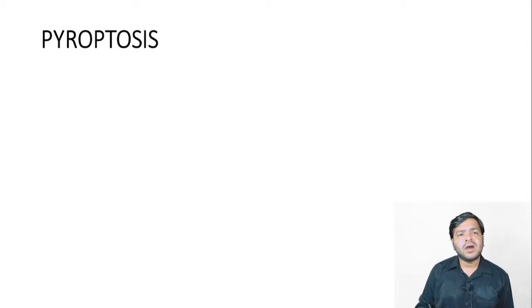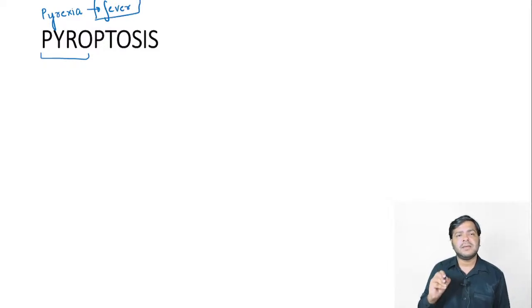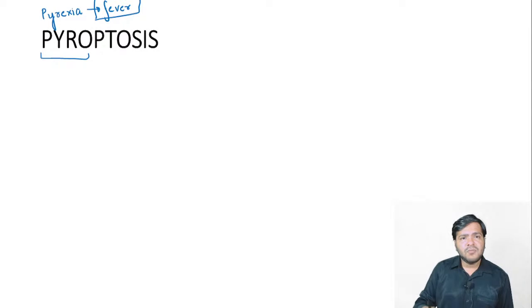Now, guys, what do you understand by the term pyroptosis? Pyro is related to the term pyrexia, which means fever, which means increased temperature. Pyroptosis. Now, what is the definition?